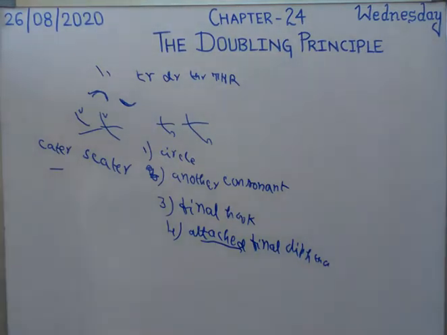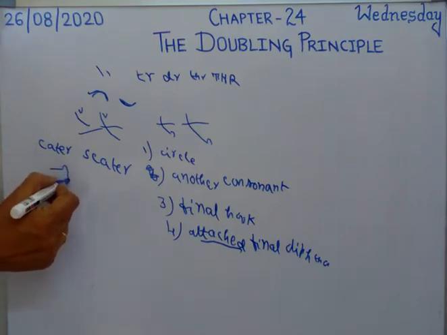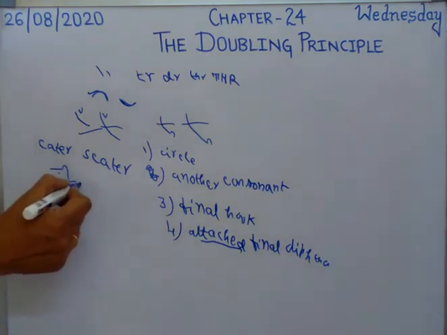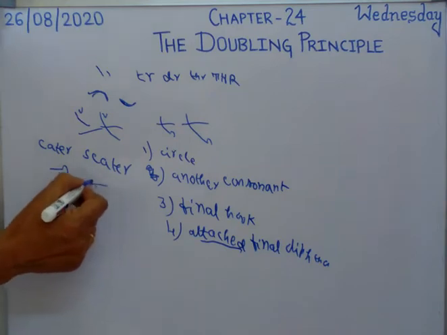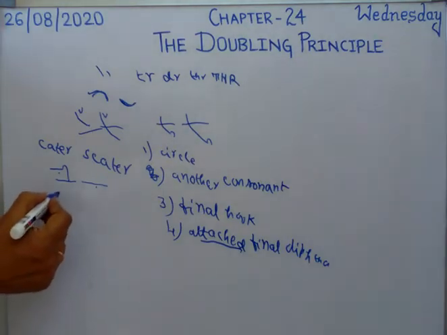Another consonant is not attached. There is no final hook. There is no attached final diphthong. Here in this case, you cannot double the consonant K to add the sound of ter. So here what you have to do? You have to write R and T. You cannot double. If you double it and write it like this, what happens? You will read it as cake, not cater.